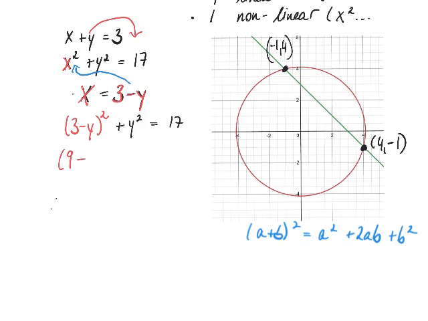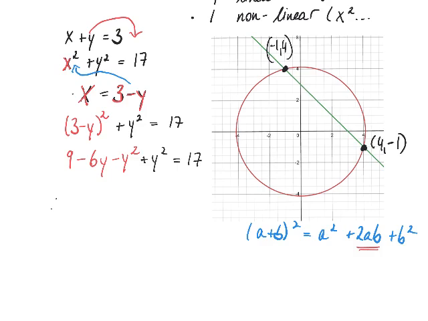Then I multiply the 3 with the y and multiply the whole thing by 2, so 3 times y times 2 gives me 6y. Then I square the last term, the y, so that is y squared. I can take this bracket away. Then I have the rest, which was plus y squared equals 17.